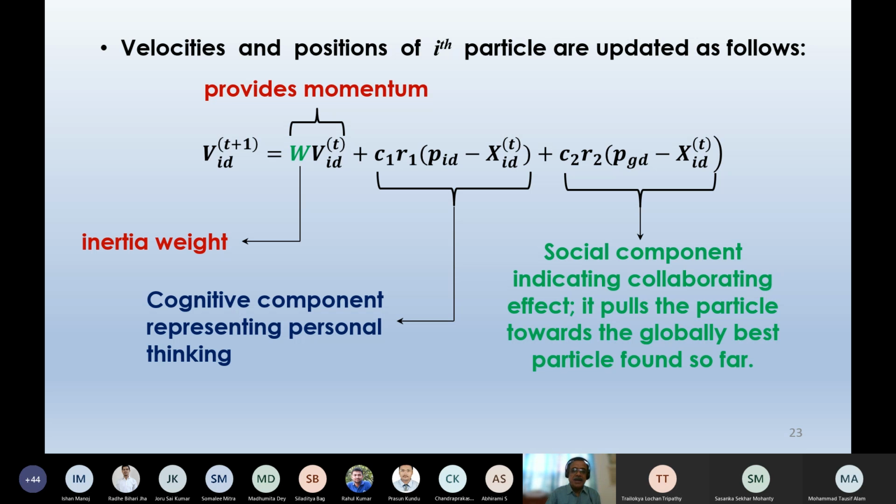Now this C1 R1 into (Pid minus Xid at t) is the cognitive component. Cognitive component means you have to use your brain. You have to think about your position. You have to think how to improve your own position, of course in terms of knowledge. In terms of knowledge, how can I improve further?